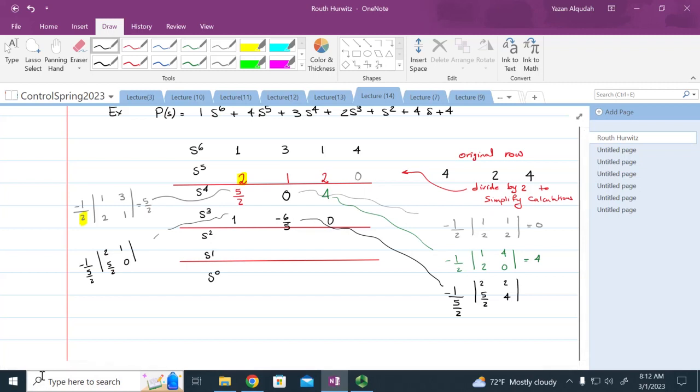So we continue doing the same calculations. We're going to get a 3 here, and then we're going to have a 4 here. Continuing, the row below it is going to be negative 38 divided by 15 and a 0. And continuing, we're going to get a 4.